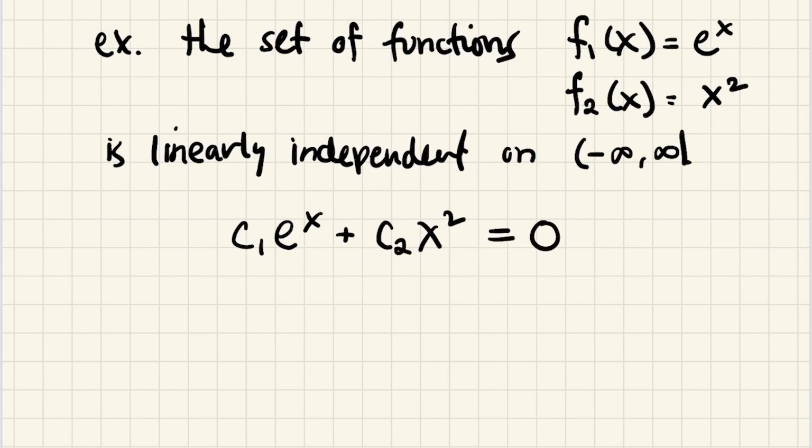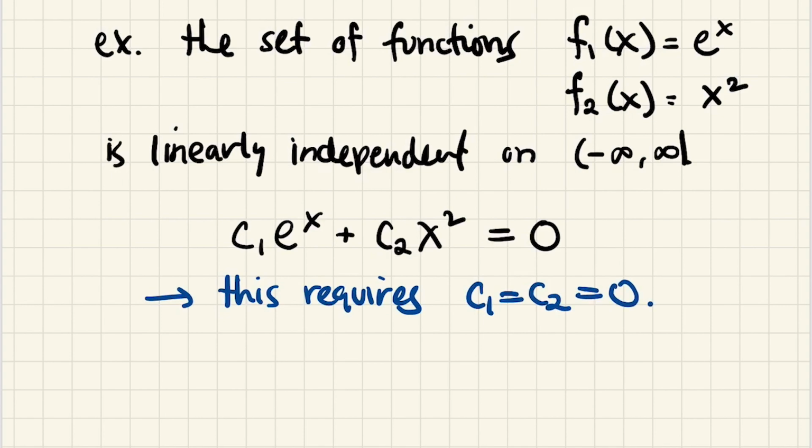Is it possible to find a pair c1 and c2 where at least one of them is not 0 and make this equal to 0? And the answer is no, it's not possible. The only solution to this is if c1 equals c2 equals 0, which means that the set is linearly independent.